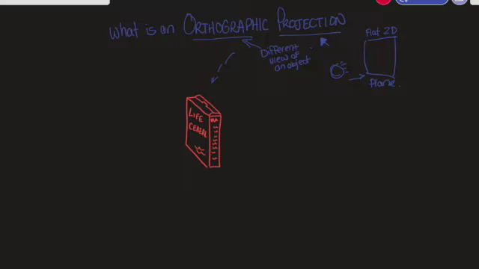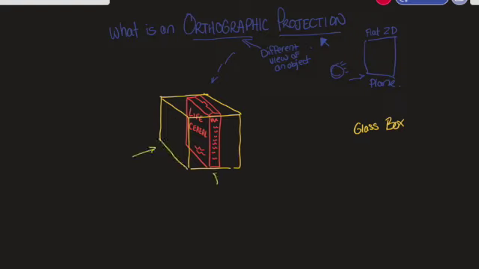And to help me, we use this thing called a glass box method. A glass box method is as if we're taking the object and putting it within its own glass box. And anything that is viewed from that side, if I manipulate it, becomes the projection.